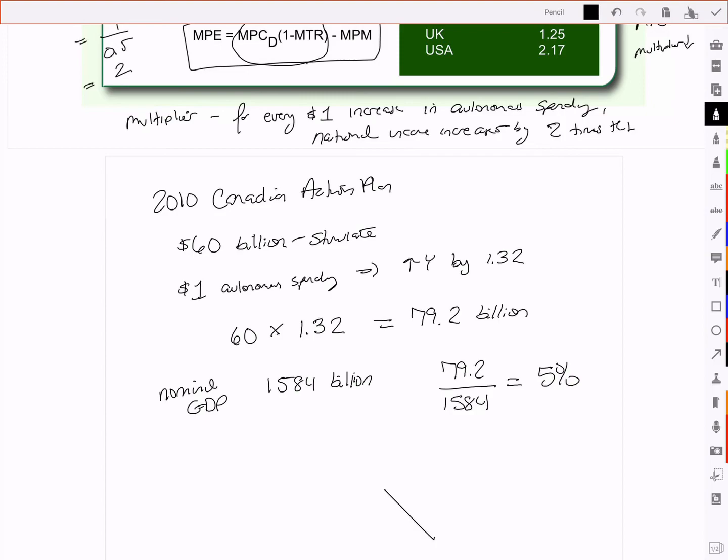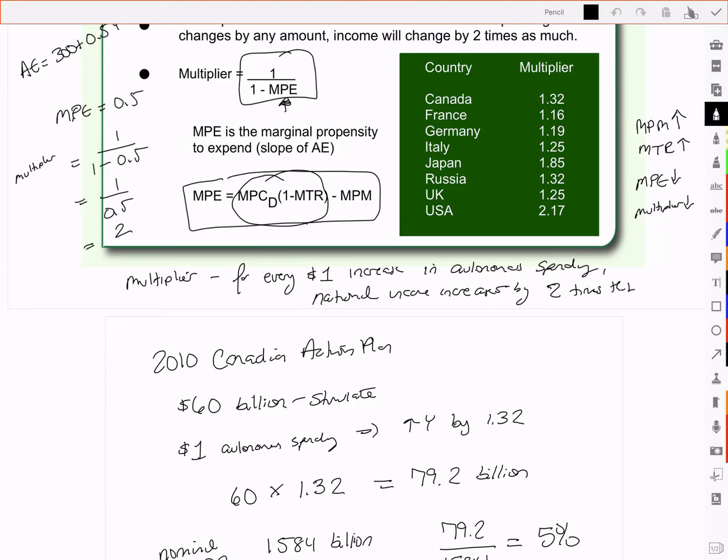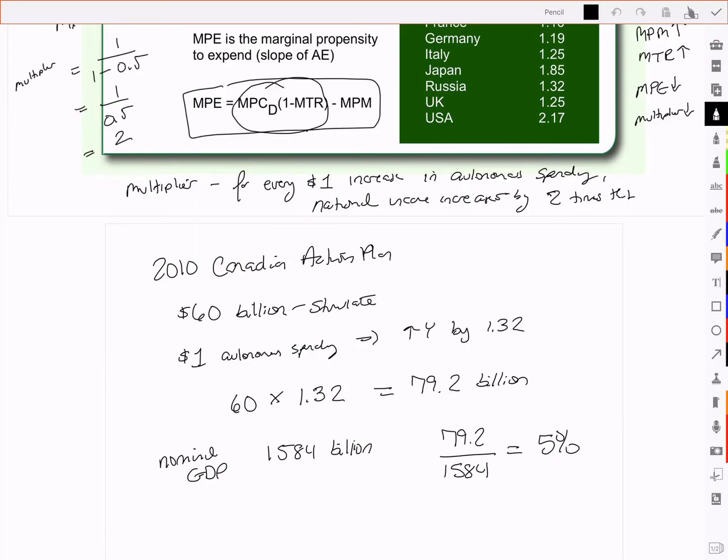That puts income in somebody else's pocket, which that person uses to go out to eat and buy TVs and cars and so on, and it has that ripple effect. How much of a ripple effect it has depends on what our tax rate is and how much we import.